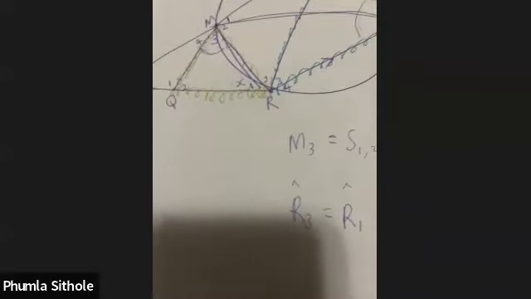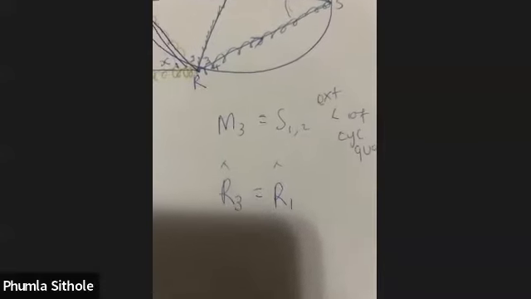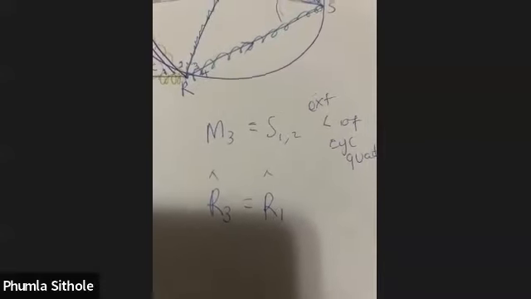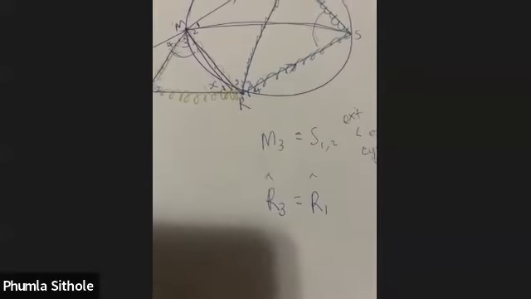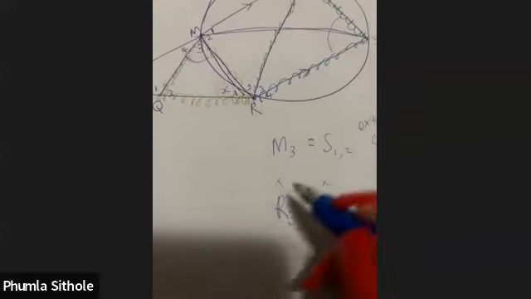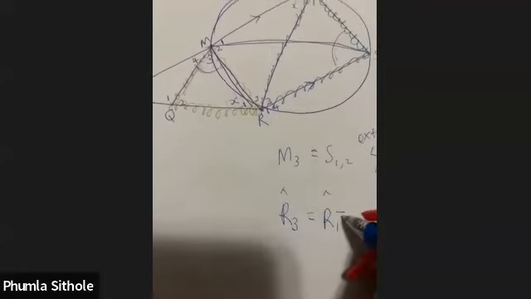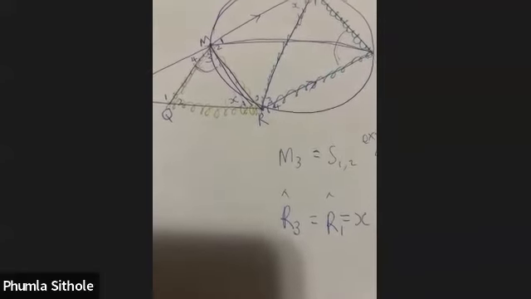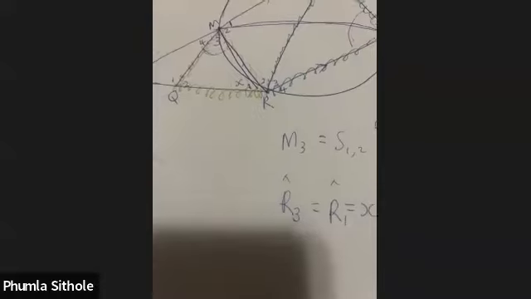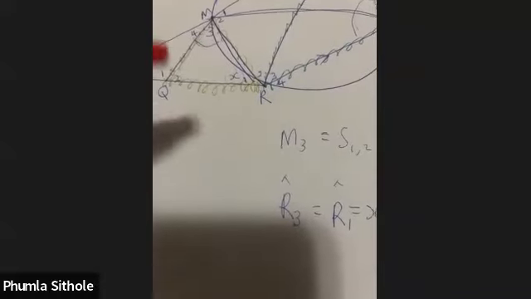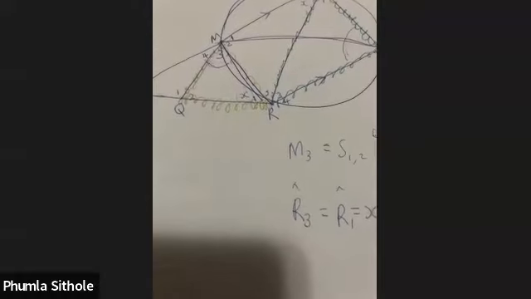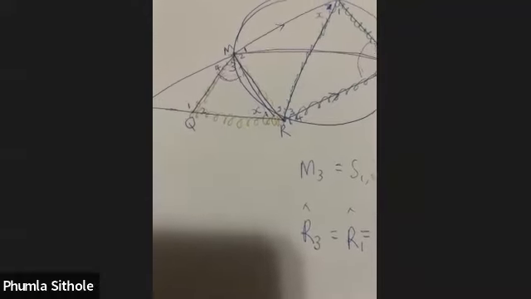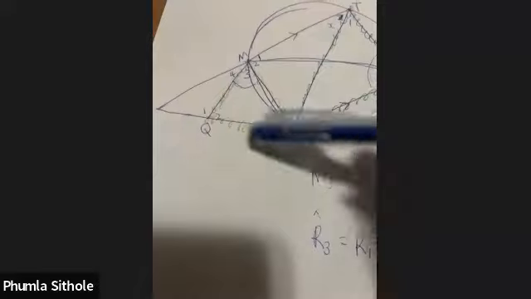The reason comes from when they said they want all the angles that are equal to X. So R3 is equal to R1 is equal to X. So these are the angles that were equal to X. So they are equal, and you can support the reason with the other ones.